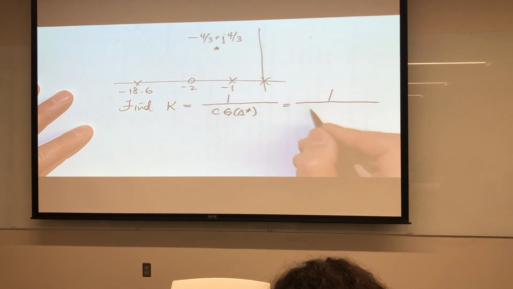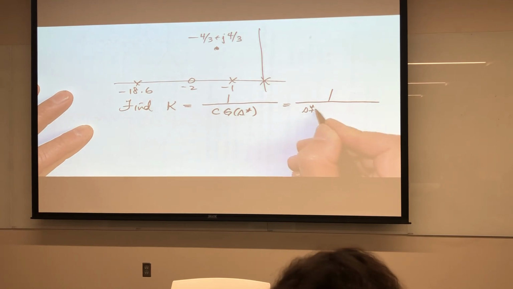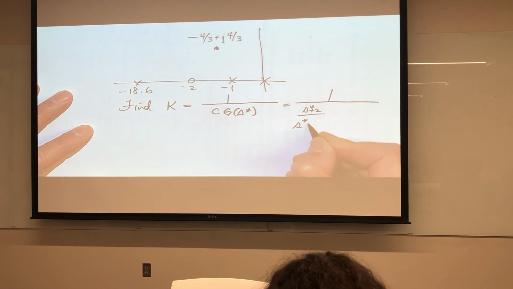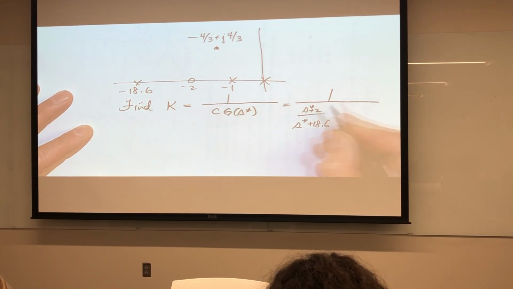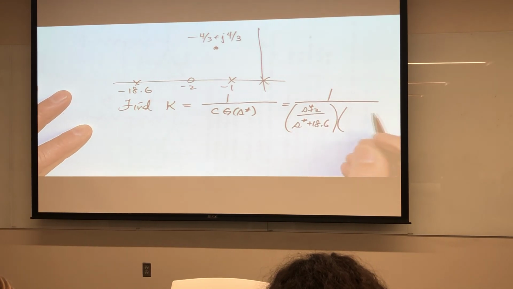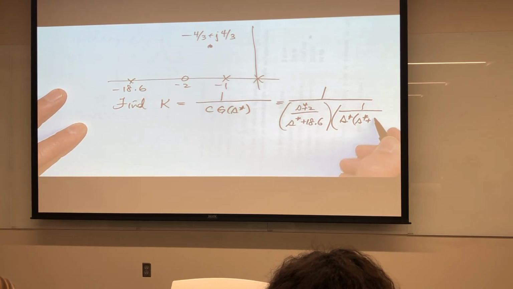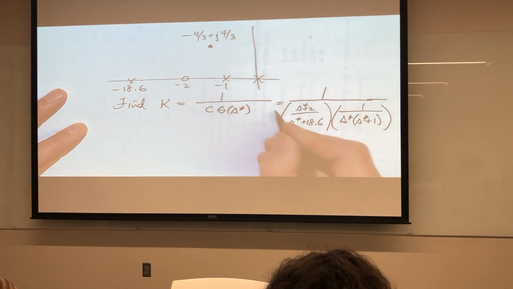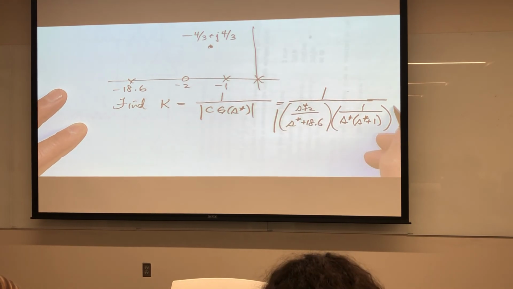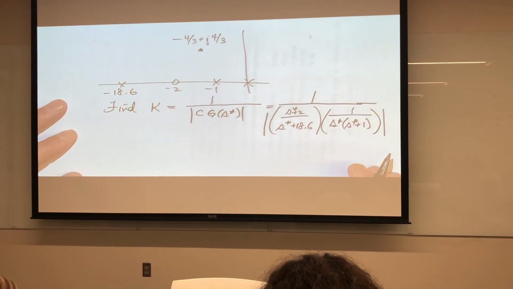C is S star plus 2, S star plus 18.6. That's the compensator. The plant is 1 over S star plus 1. And we want to find the magnitude of this.